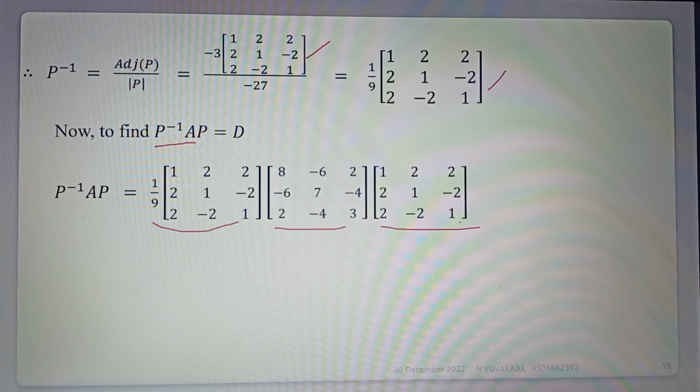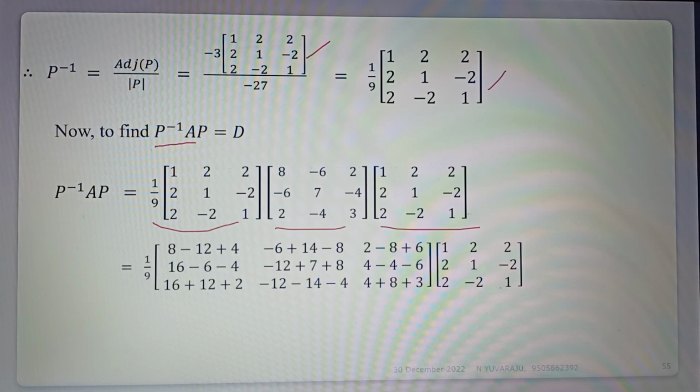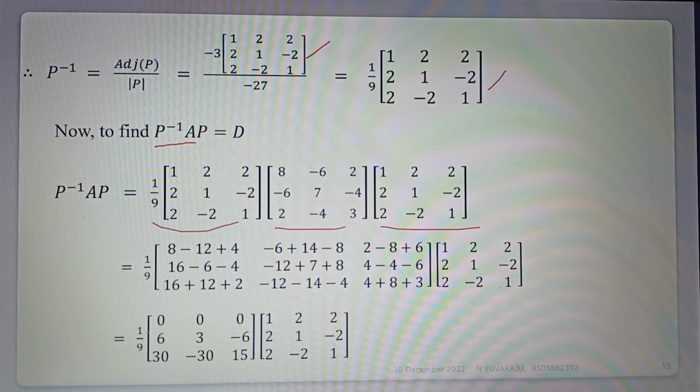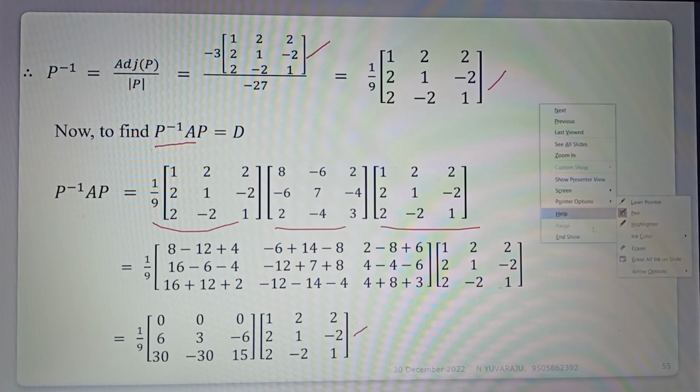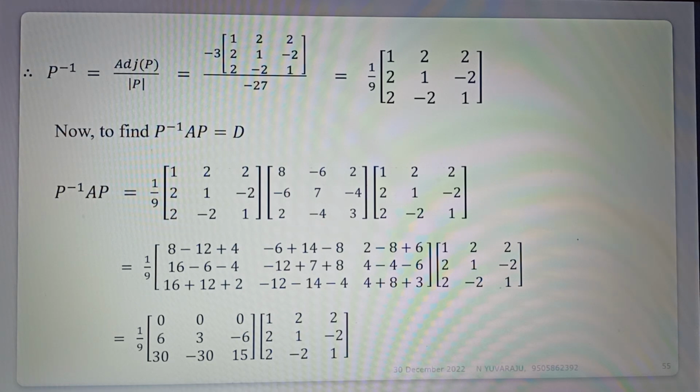So 3 matrices multiplying, we are getting the matrix. So this is after multiplication. So that is equal to, after 2 matrices multiplication, the simplification. Do simplification, again multiply these 2 matrices.